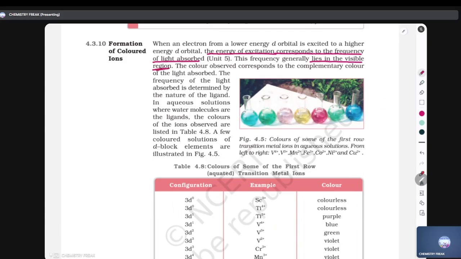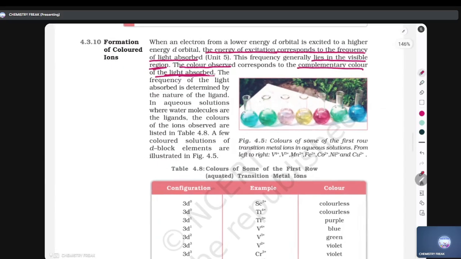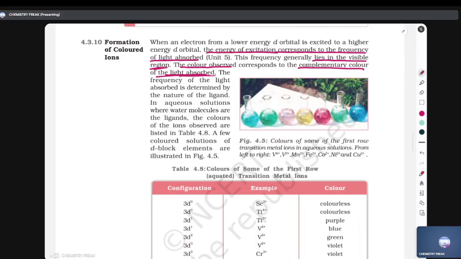Visible region. That is why most of the substances are colored, and the color we observe is the complementary color of the light absorbed, not the same light the substance is absorbing. Okay? Example, let me put that in a simple way.